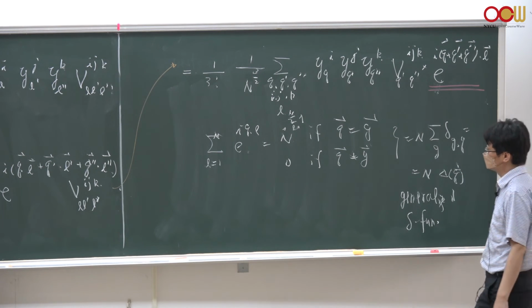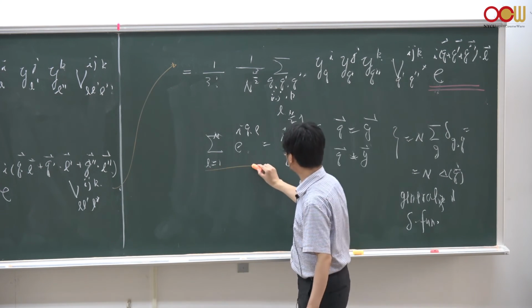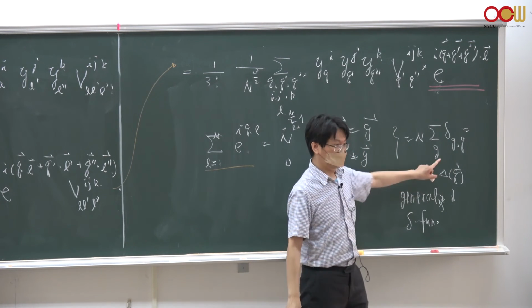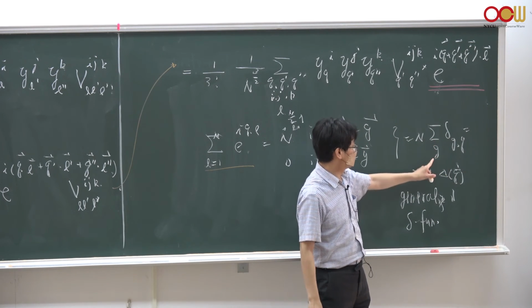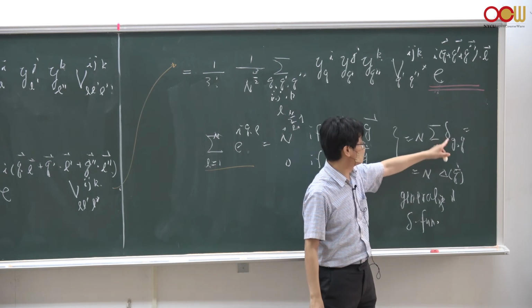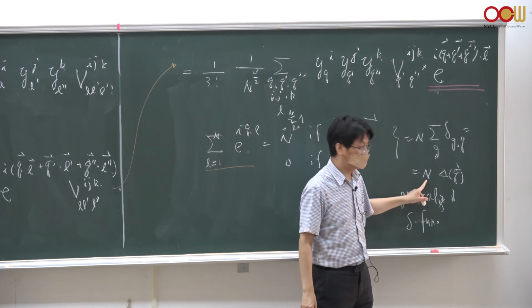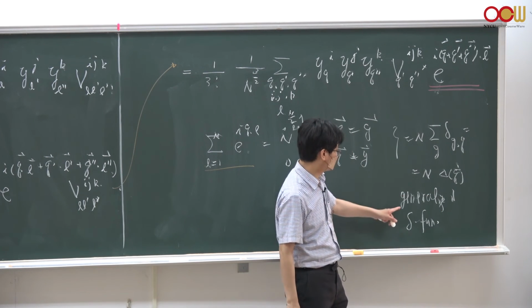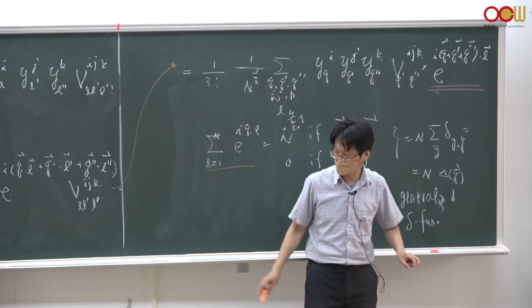And therefore, we define this as N times a generalized delta function, which is the sum over reciprocal lattice vectors G with a delta of G and q, which we denote as capital N times Δ(q), which we call the generalized delta function.